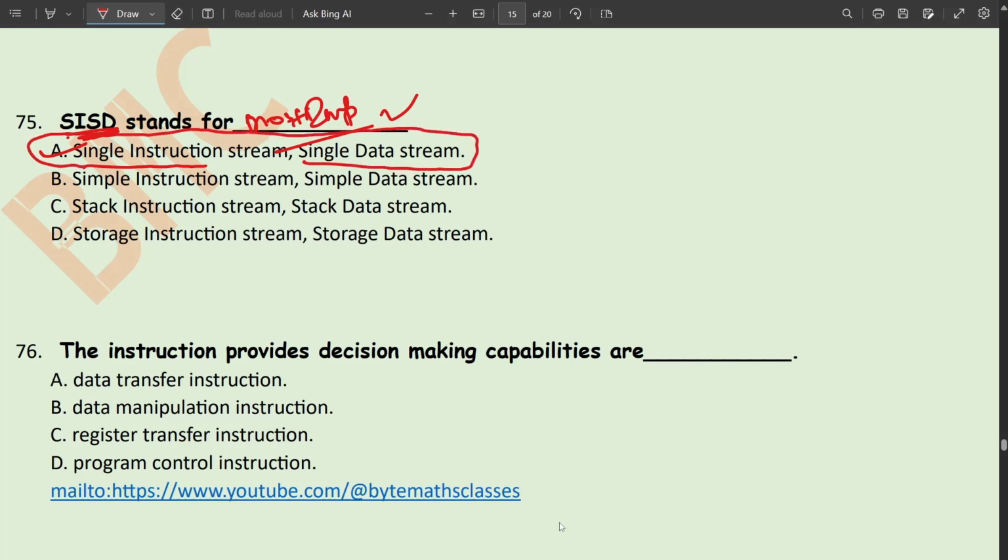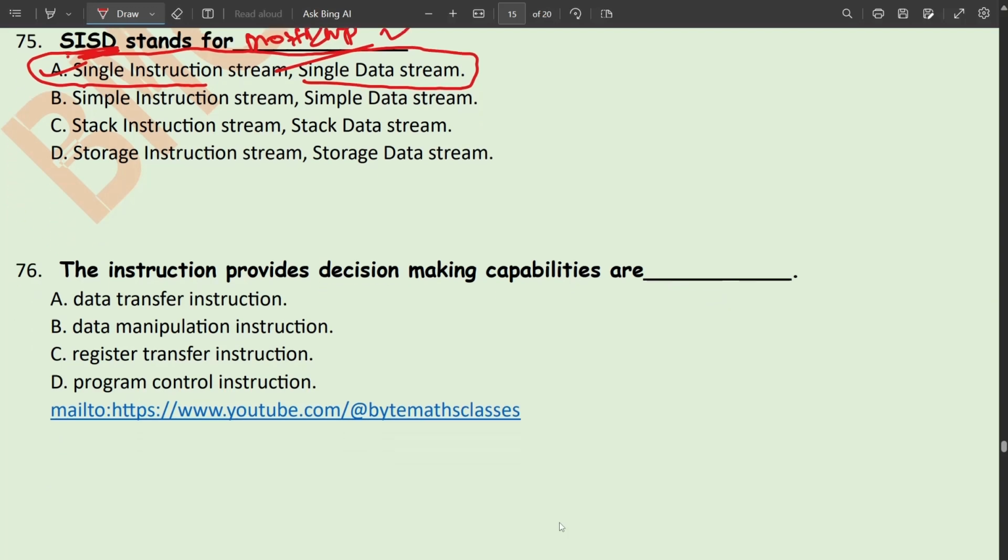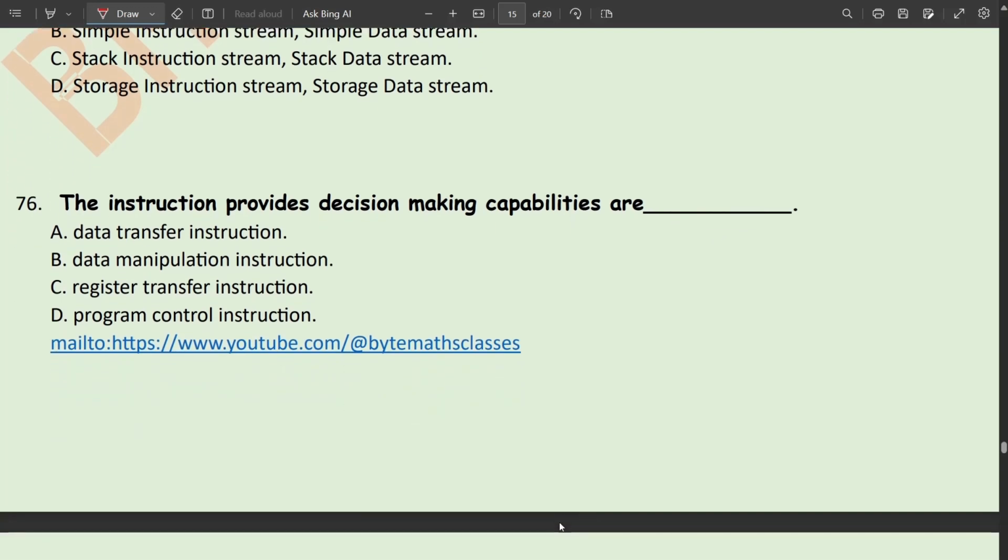Option number A is correct. Next, the instruction provides decision making capability R. The answer is program control instruction. Option number D is correct.